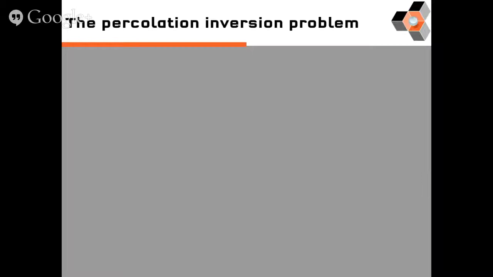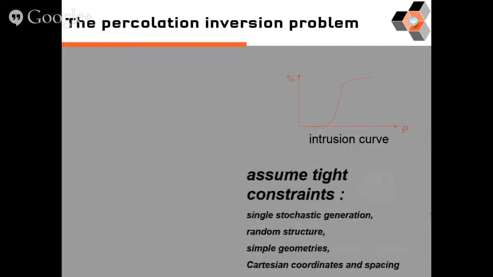Okay, so if we now think, well, that's wrong, how do we get round that? So we then have an intrusion curve. We then have an infinite number of structures, so we have to assume some tight constraints. That we have a single stochastic generation, that is a single throw of the dice.